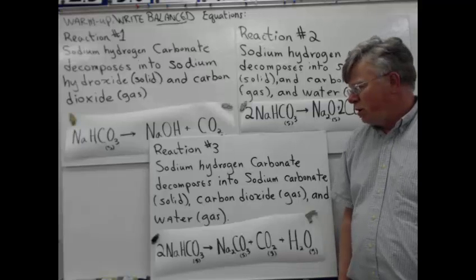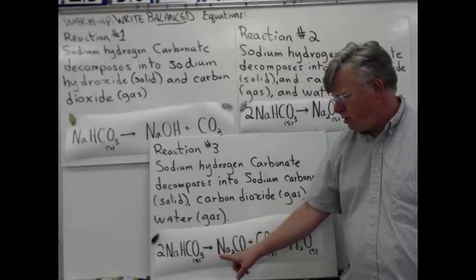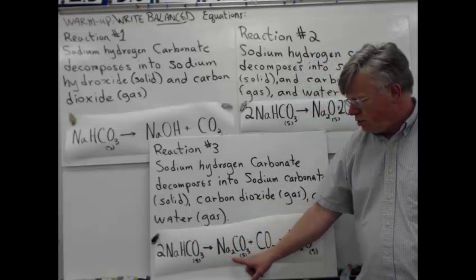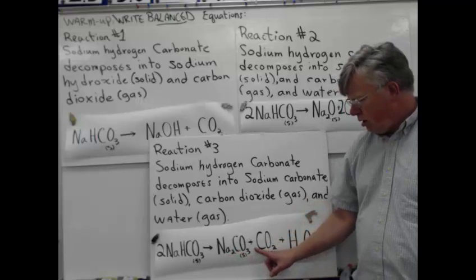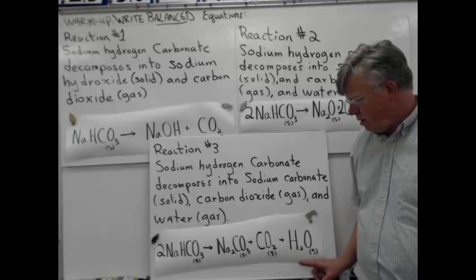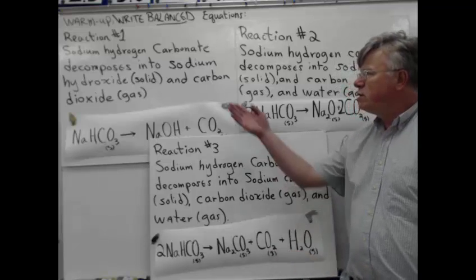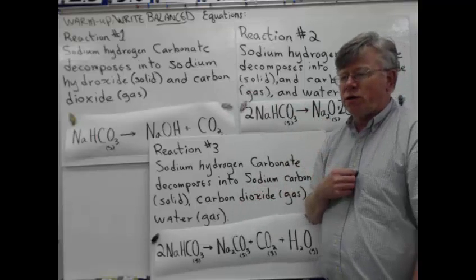So the answer to this one is 2 sodium hydrogen carbonates decompose into 1 sodium carbonate, Na2CO3, and 1 carbon dioxide and water. So in this lab we have these three possible chemical reactions, only one of which is the true chemical reaction.